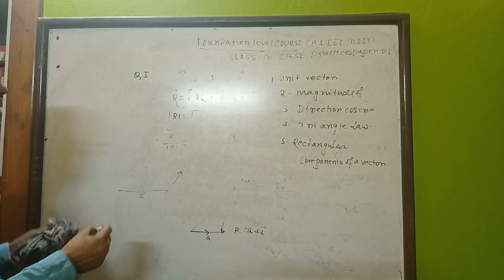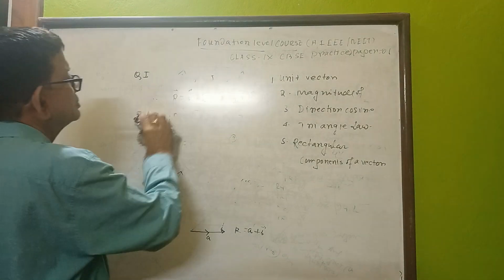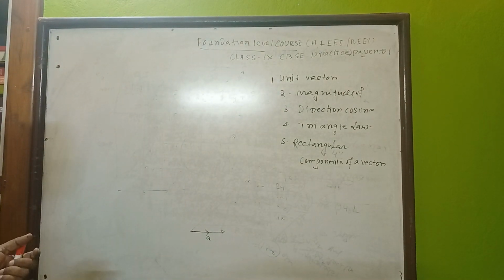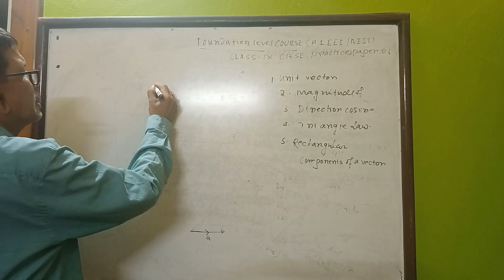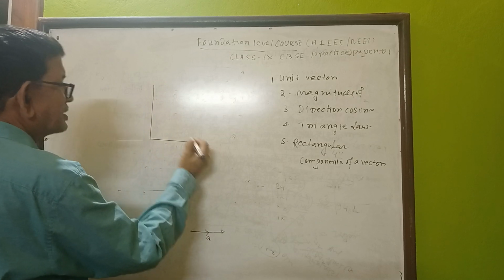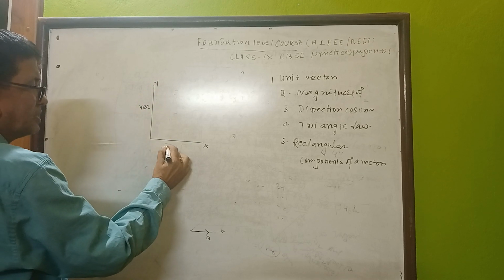Suppose you imagine that F is a force, this is the x-axis, this is the y-axis, this is a vertical line, this is a horizontal line.